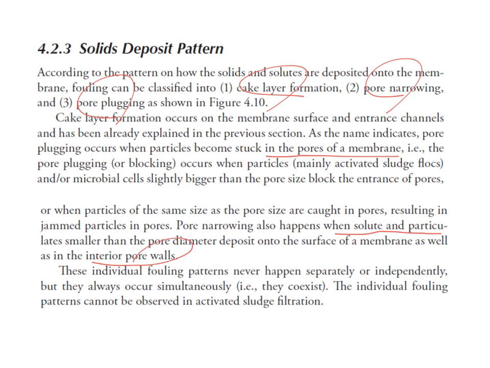These individual fouling patterns never occur separately or independently, which means they happen together all the time. So they can be seen in every situation, but sometimes one of these mechanisms is more dominant than the others. That's why we sometimes analyze the dominant fouling mechanisms.